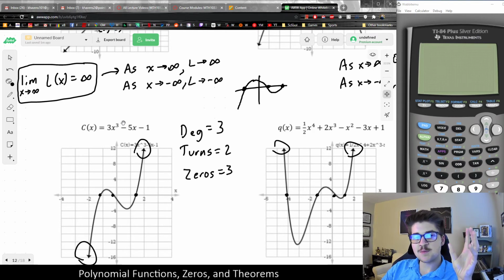This one's missing an x squared term, so again it doesn't exactly follow what I'm saying, but if you catch my drift, this would be 3,000 minus 50 minus 1. So the value of this polynomial will be 2,949.